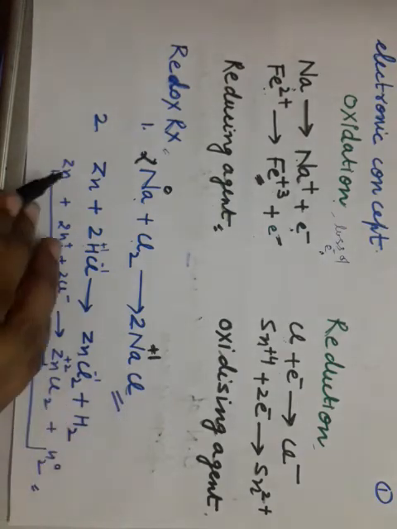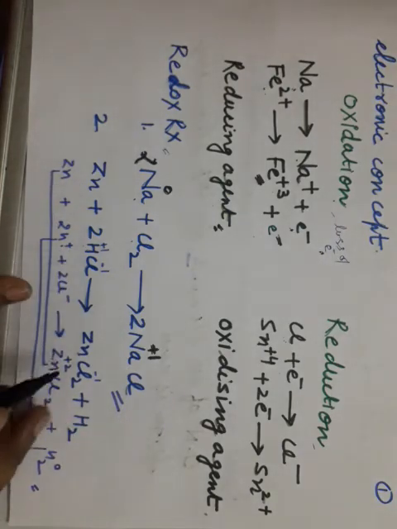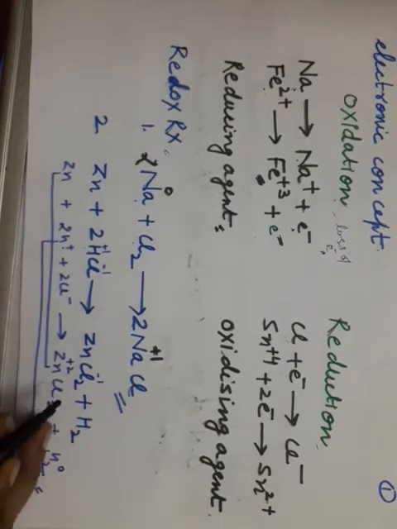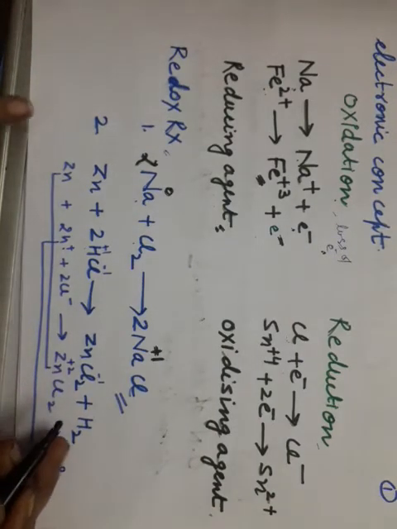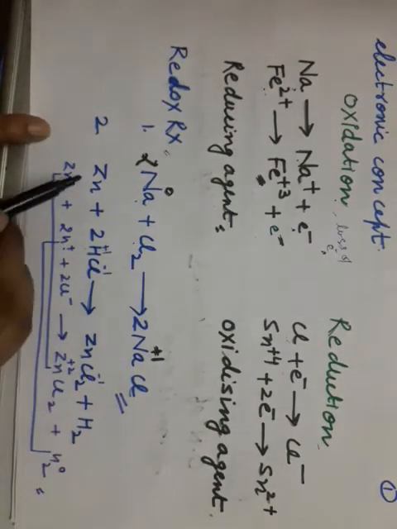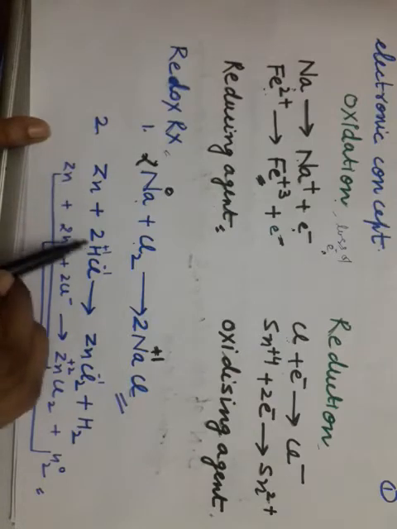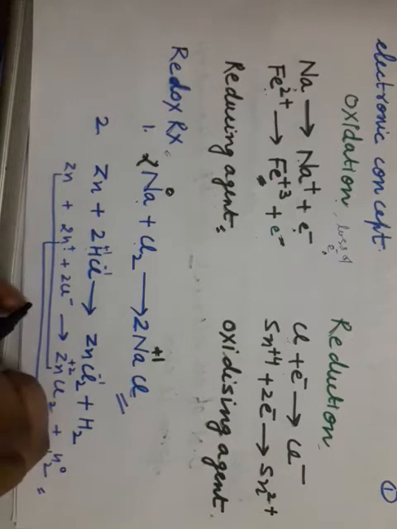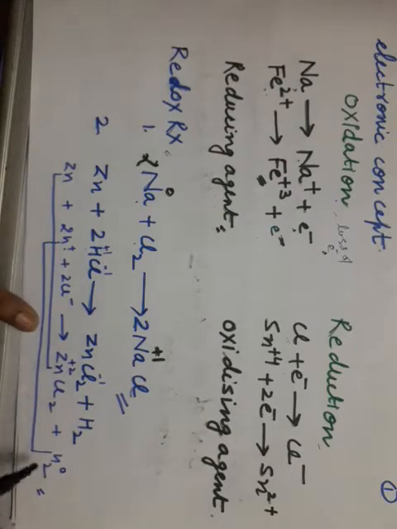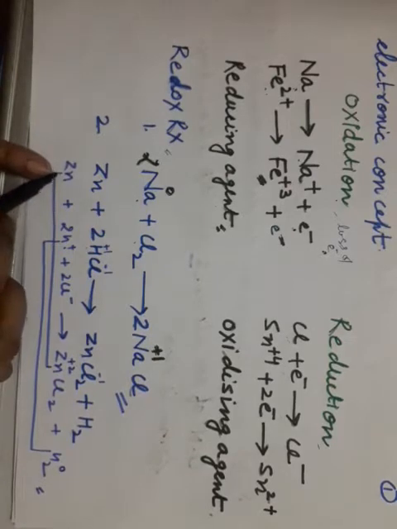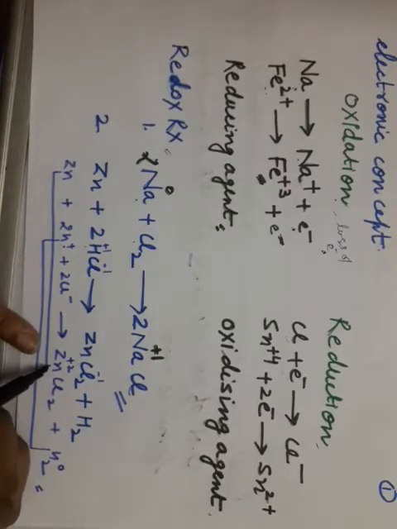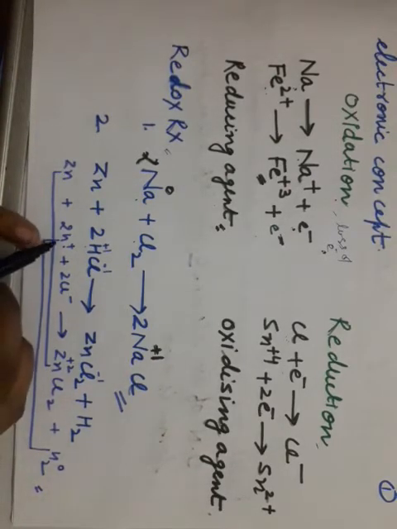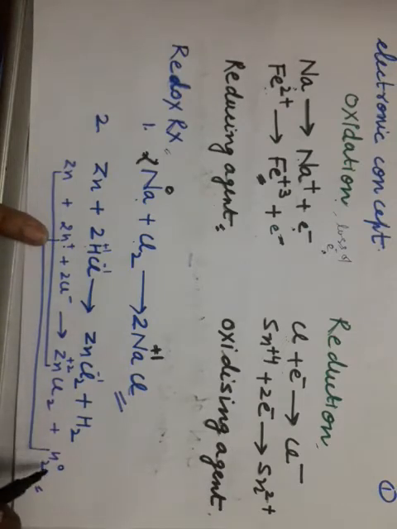Another example: zinc reacts with HCl, giving the formation of ZnCl2 and hydrogen. Write down its ionic form: zinc plus hydrogen ion plus chloride ion give the formation of ZnCl2 and hydrogen gas. See, here zinc is losing 2 electrons, hydrogen gains 2 electrons, then it is converted into hydrogen gas.